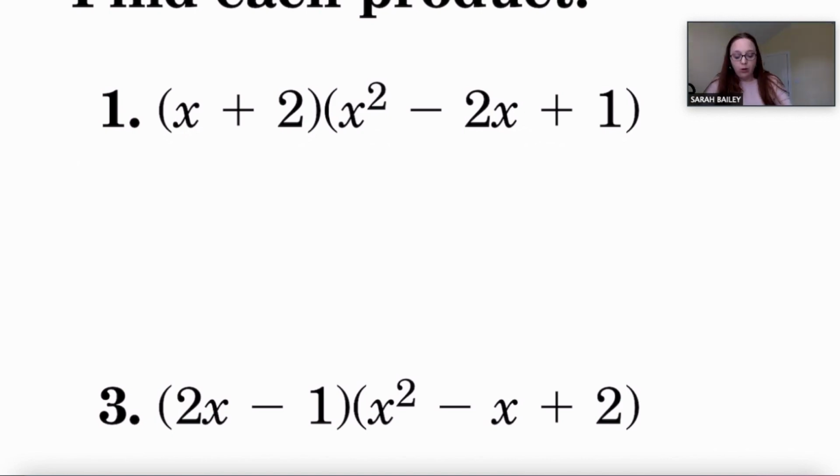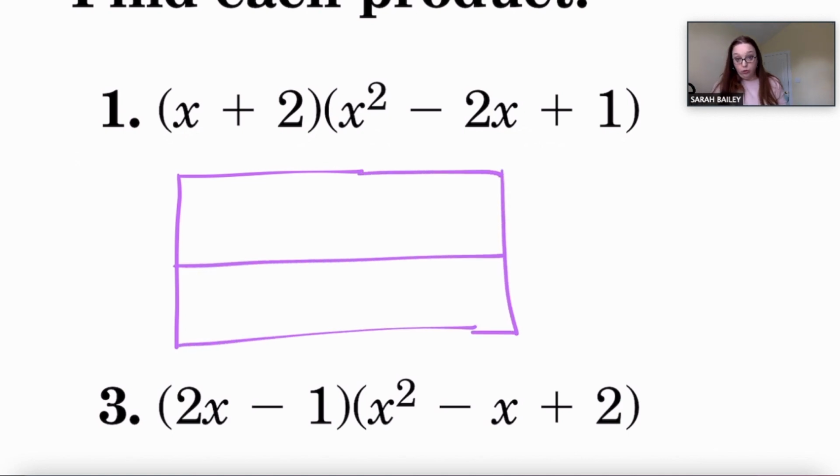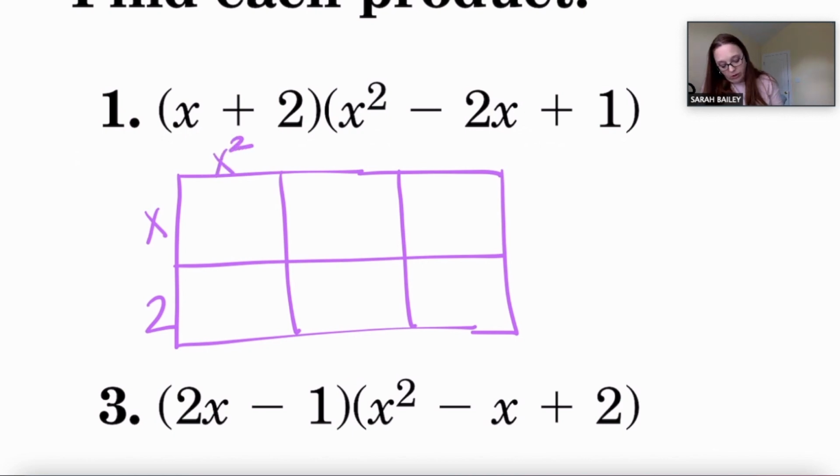All right, so I'm going to make my box. Actually, let me extend that line a little bit more. There we go. So there's my 2 by 3. All right, so x and the plus 2 have to go on that side based on how I drew it. So this is going to be x squared minus 2x plus 1.